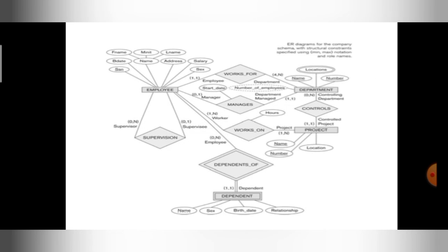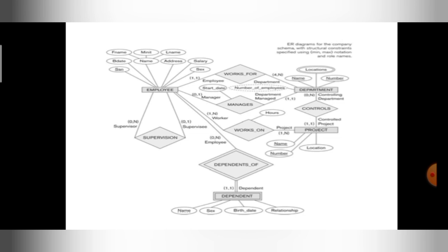See here in this diagram, total participation, for example, between the dependent and the employee, there is a total participation. That means the dependent, that is a relative of the employee, is totally dependent on the employee. Hope you are understanding, guys. The company will collect the relatives' information.